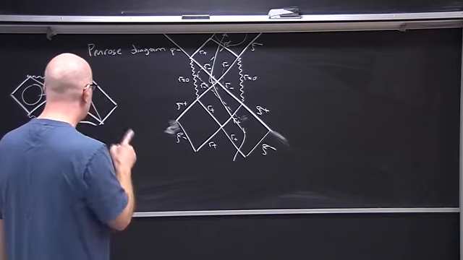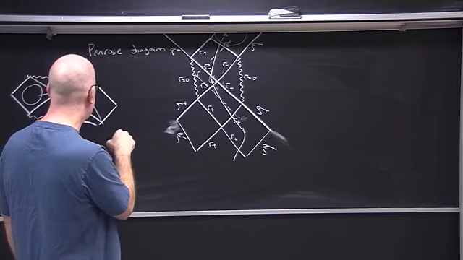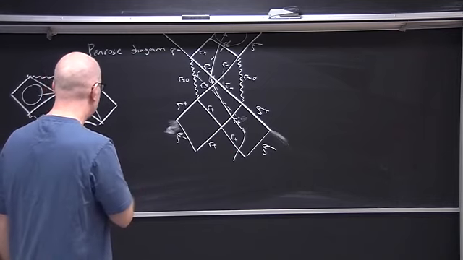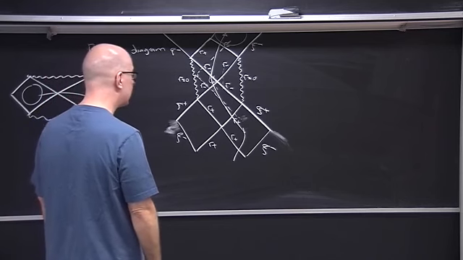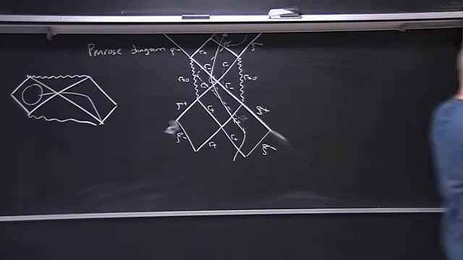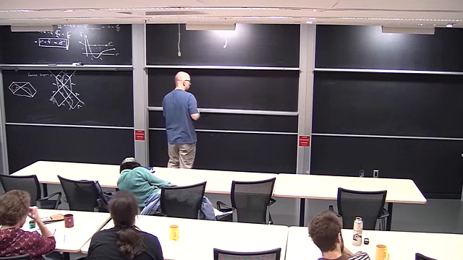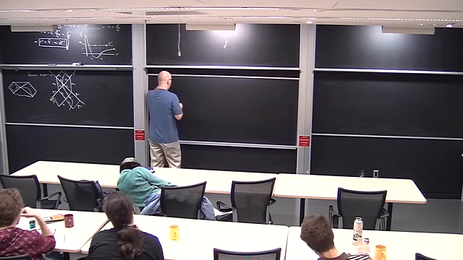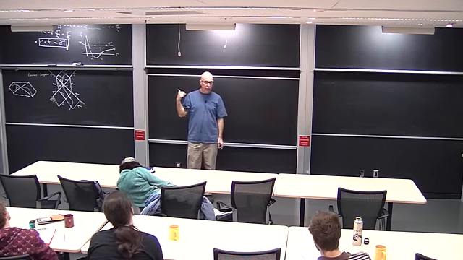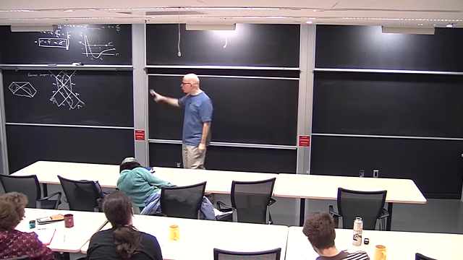Okay, so let me do this again, but now we're going to put the star in, and then I'll explain what's weird about this and why we can expect that it's not physically realistic. And it has nothing to do with the star. So I'm going to put the star in, and it won't change the story.